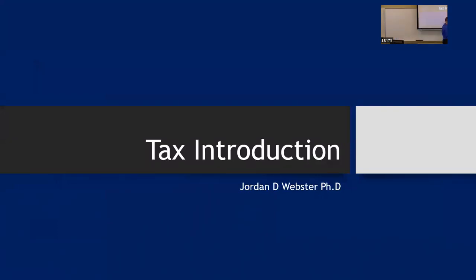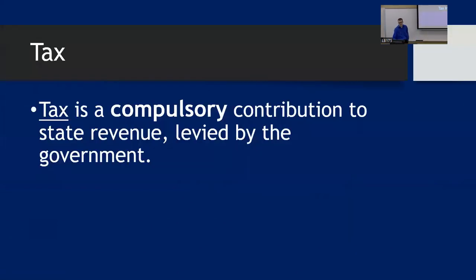So the first unit or the first chapter is on taxes. Second chapter is on interest. So together it's all about money, right?